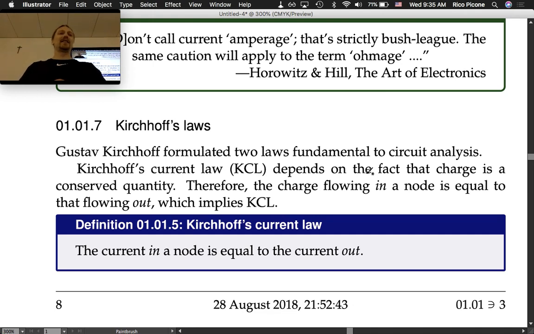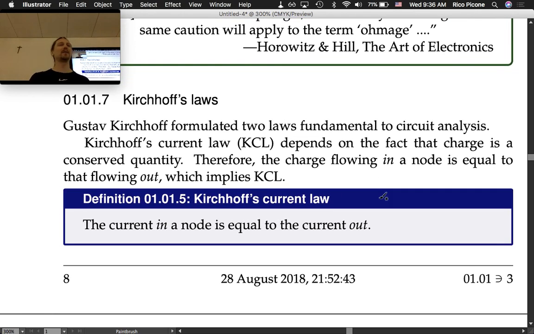Kirchhoff's laws. So, Gustav Kirchhoff. I had to put his full name because it's so cool. Gustav Kirchhoff formulated 2 laws fundamental to circuit analysis. And this is probably where you have spent a lot of your time in electronics, dealing with his 2 laws. Kirchhoff's current law, KCL, as we often abbreviate it, depends on the fact that charge is a conserved quantity.